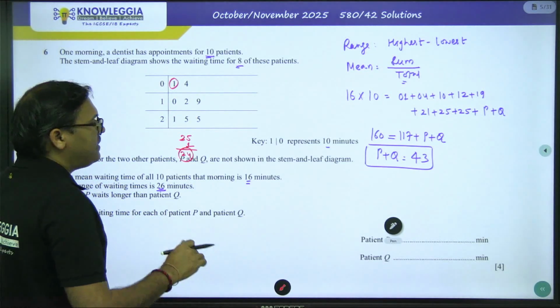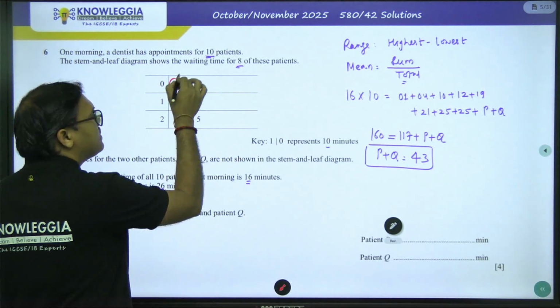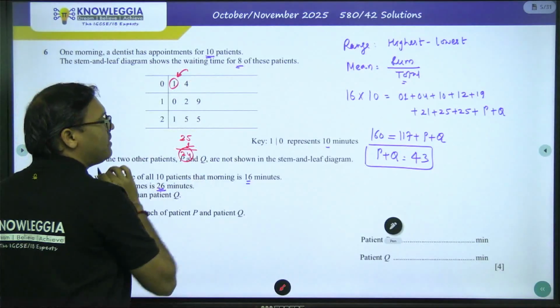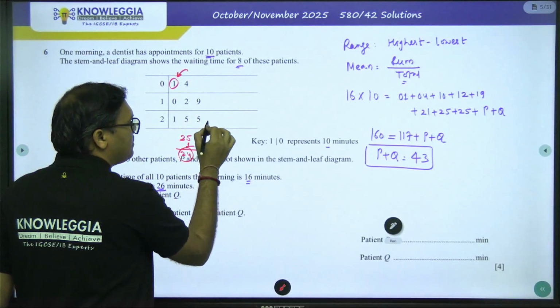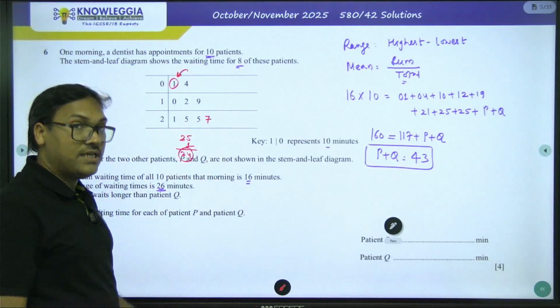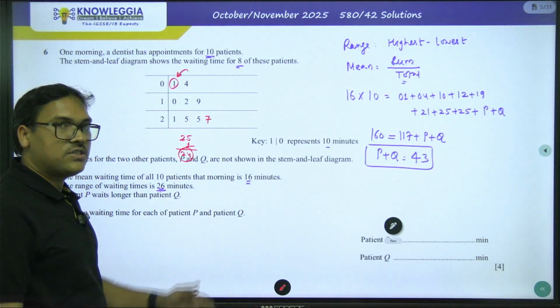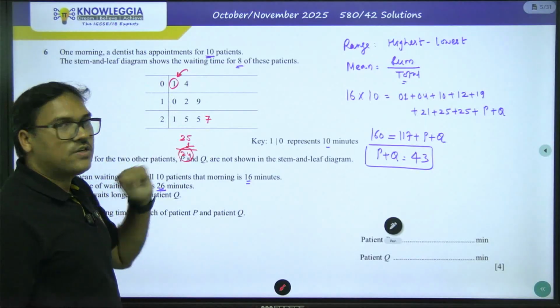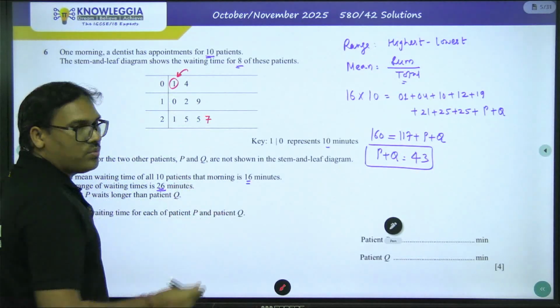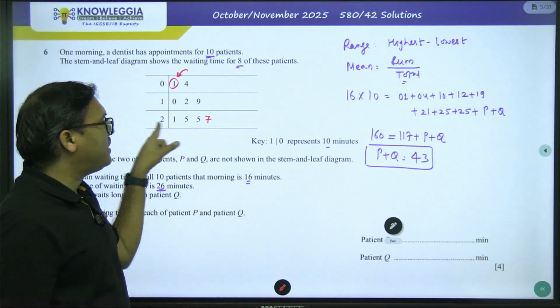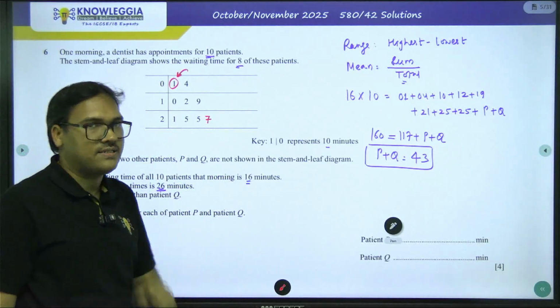So we can say if the range has to be 26, and the lowest time is 1 minute, the highest time should be 27. Why 27? Because the range is 26, so 27 minus 1 will give you 26. So you can see, P or Q, one of them will have the waiting time as 27.